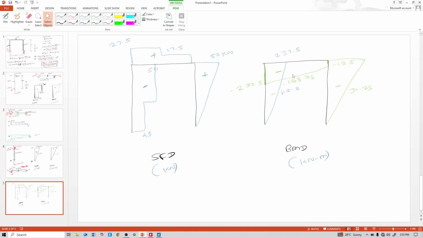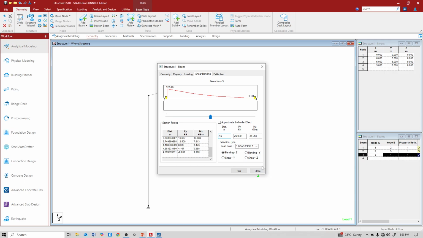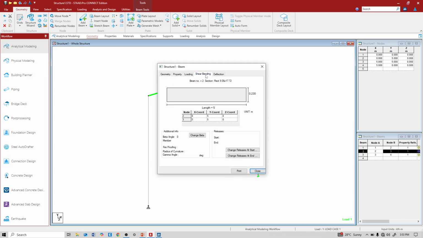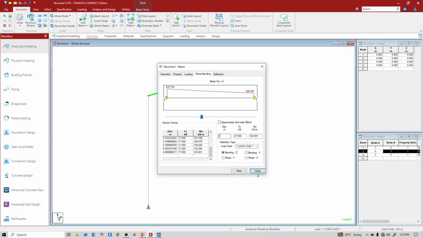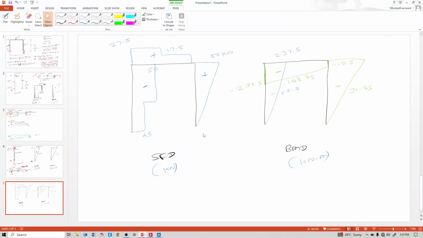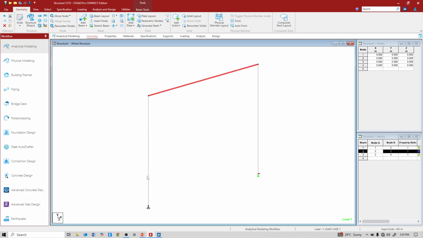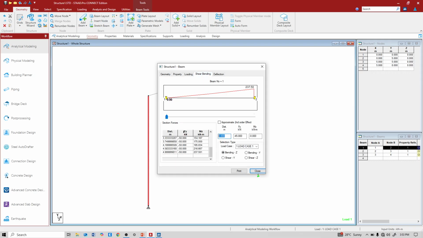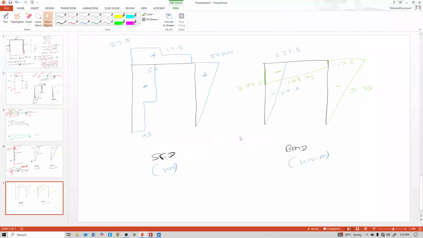See here 37.25. At a distance of 2.5 here 168.75. 168.75. 112.5 here. So we'll check. 112.5 here. So that way our SFD and BMD values match each other.